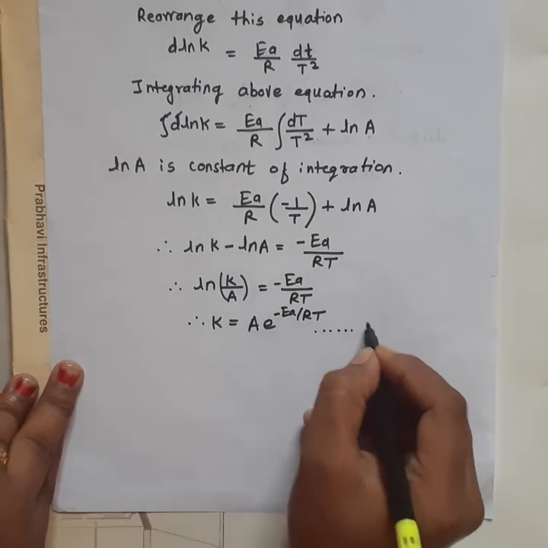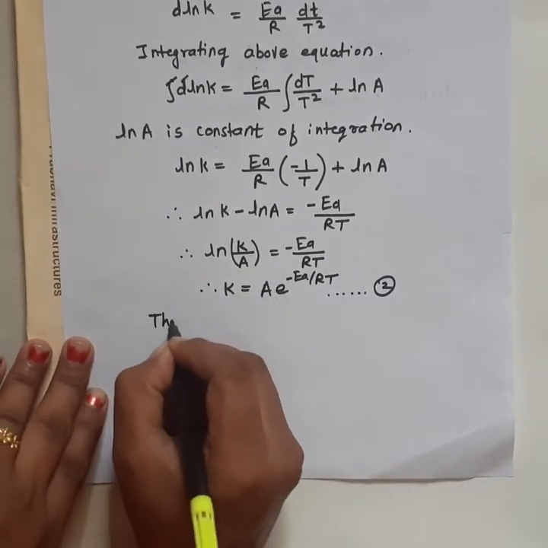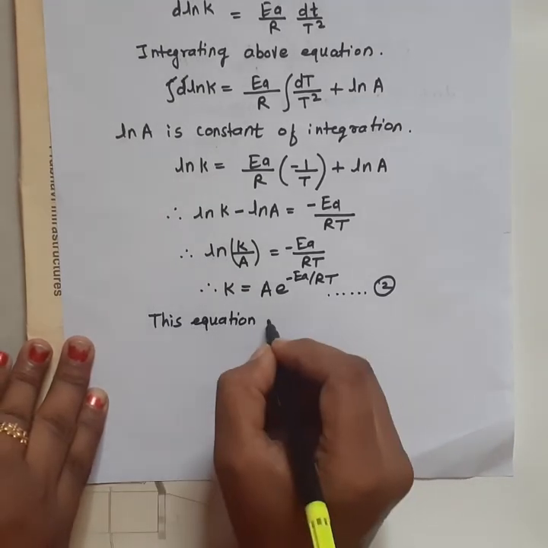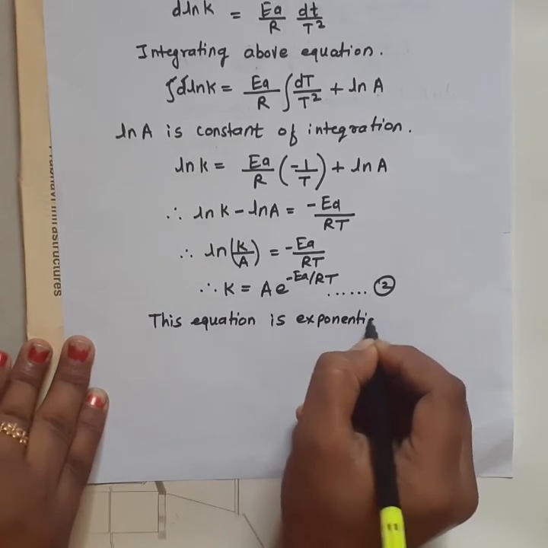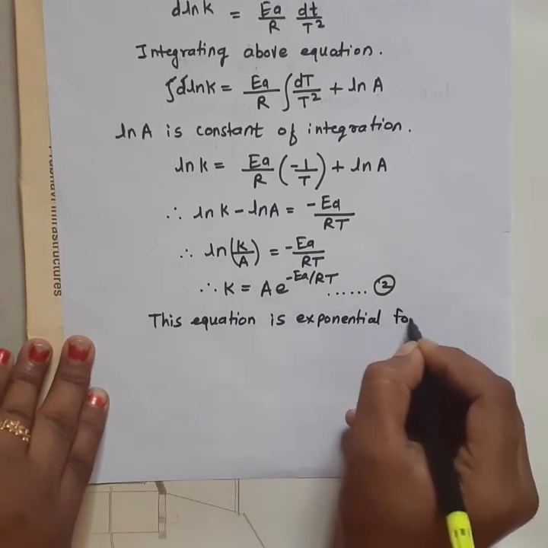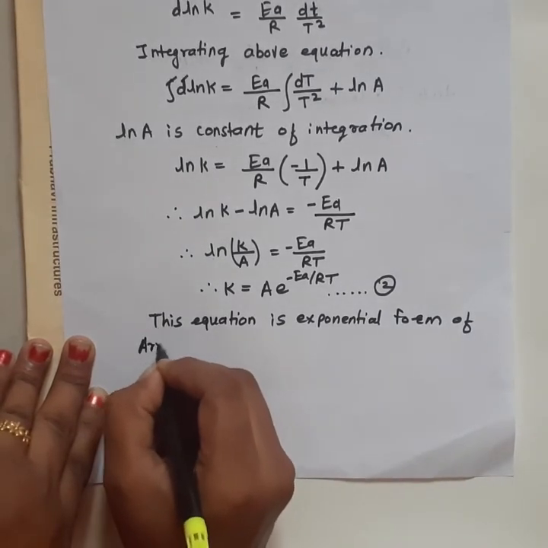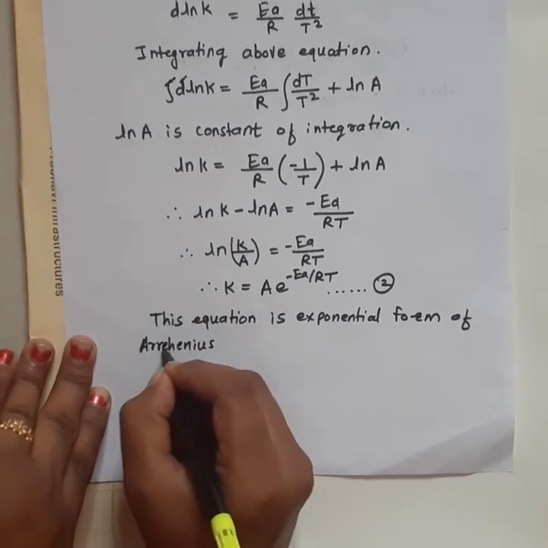This is called equation 2, and this equation is the exponential form of the Arrhenius equation.